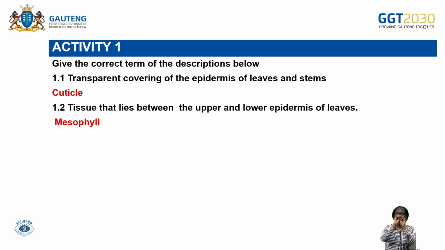The tissue there is the mesophyll. It can be the palisade mesophyll or the spongy mesophyll, but the correct answer is the mesophyll. We don't want the type of mesophyll, but we want the tissue. Thank you.